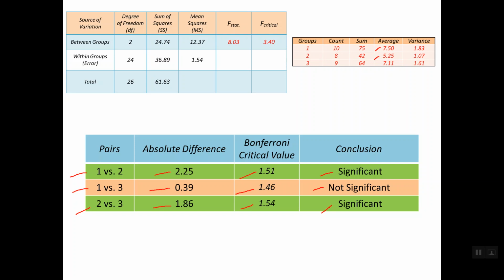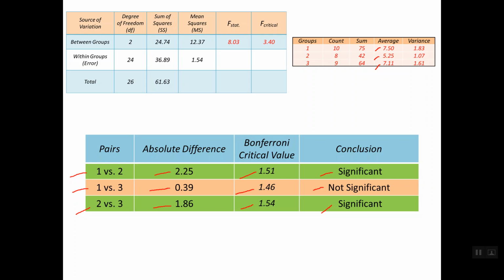Which is bigger? We can return back to the table above. For group 3, we have 7.11, the mean, while for group 2 it's 5.25. So x3 bar is greater than x2 bar, which means that the mean for group 3 is greater than the mean for group 2.